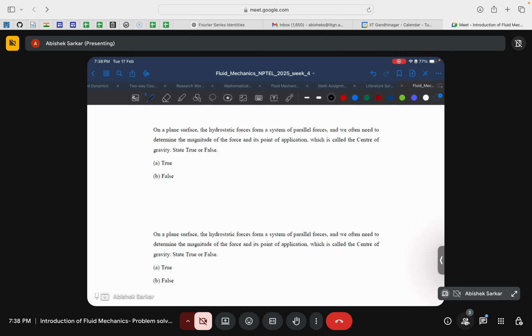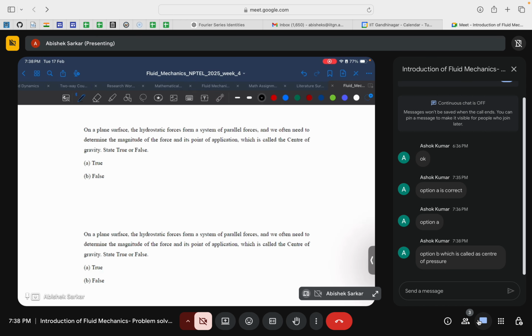Okay. So the hydrostatic forces act along the center of gravity, it is stating. So is it true or false? Yeah, exactly. So this is false because the hydrostatic forces will act along the center of pressure.